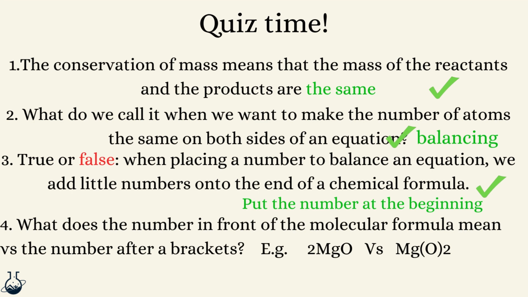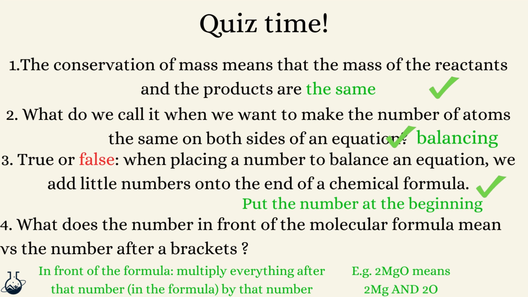Question 4. What does the number in front of molecular formula mean versus number after brackets? For example, 2MgO versus Mg brackets O2. In front of the formula, you multiply everything after that number in the formula by that number.